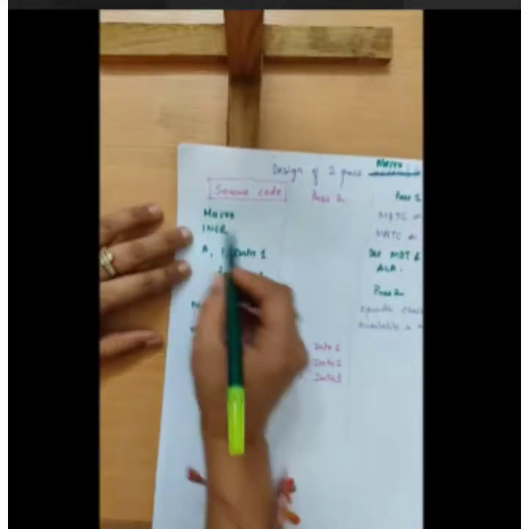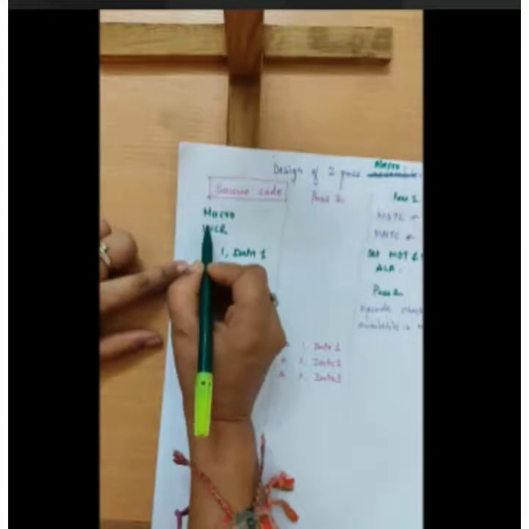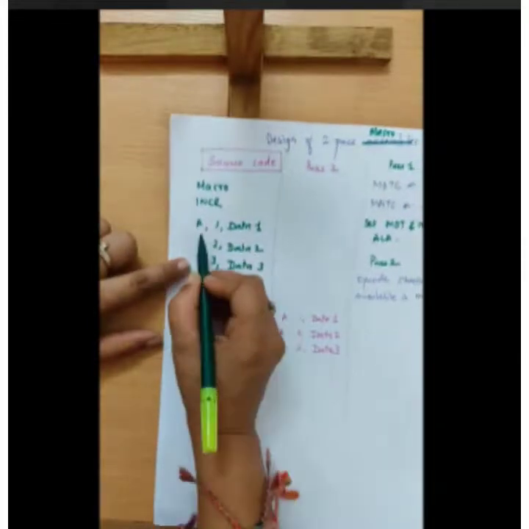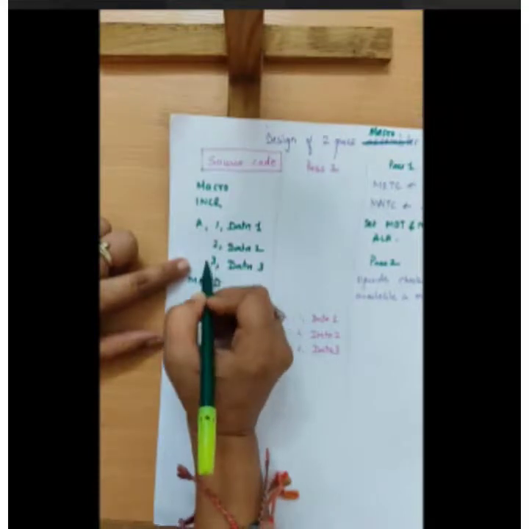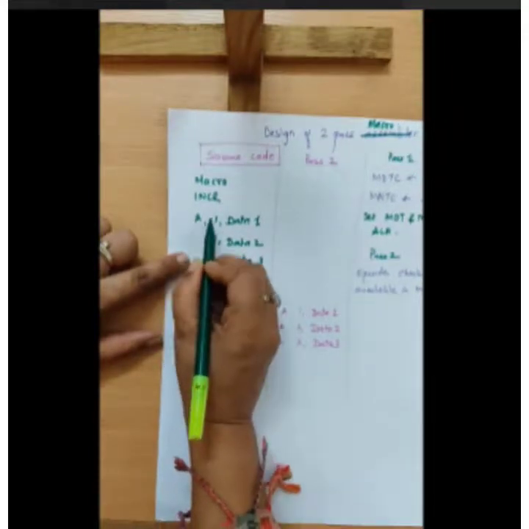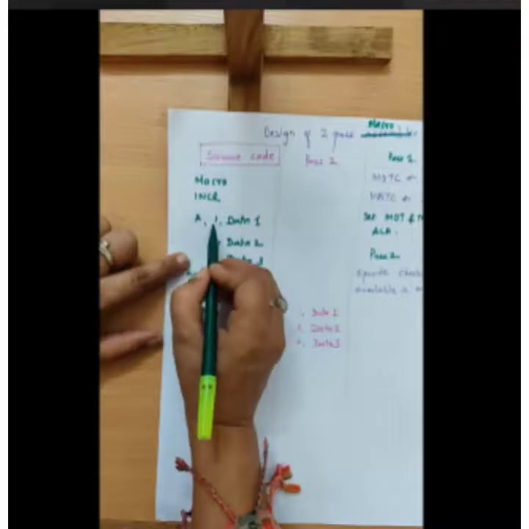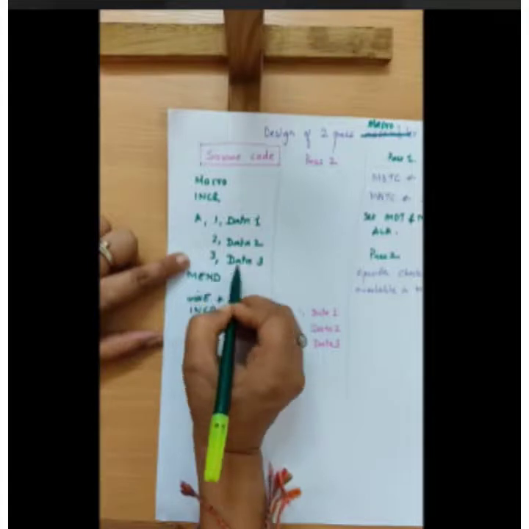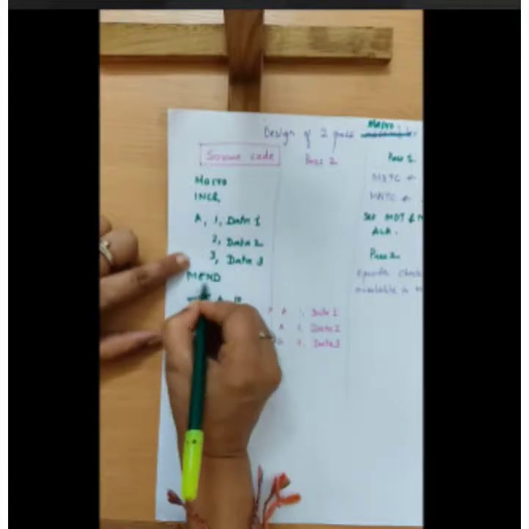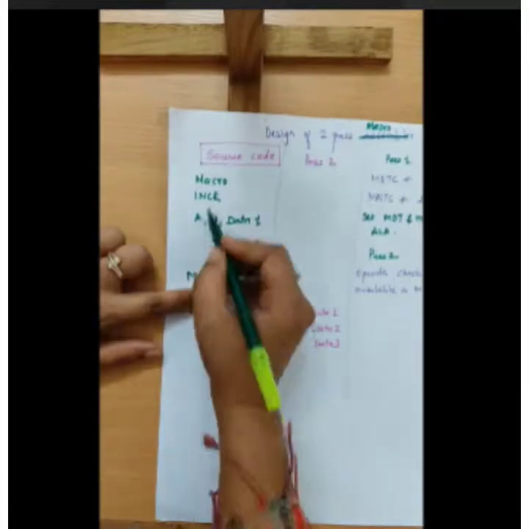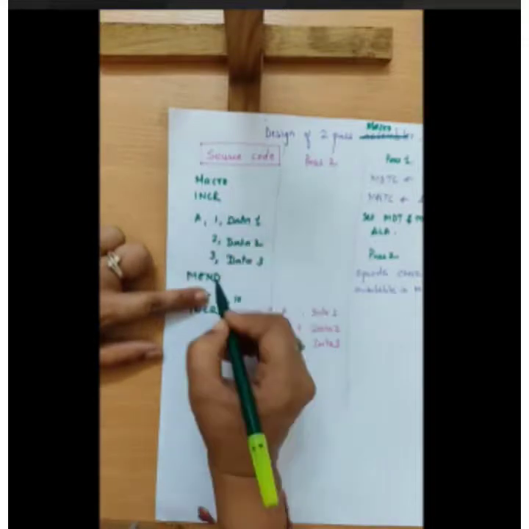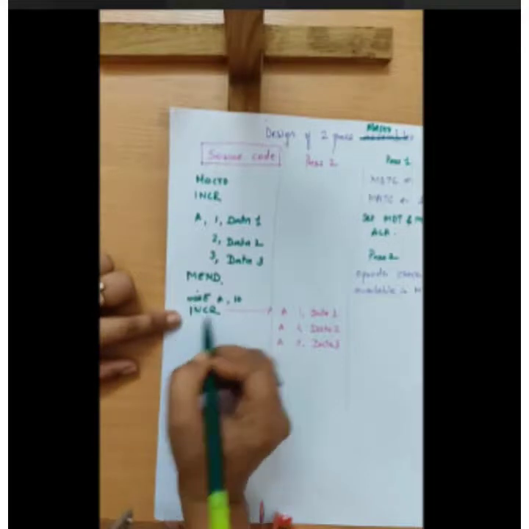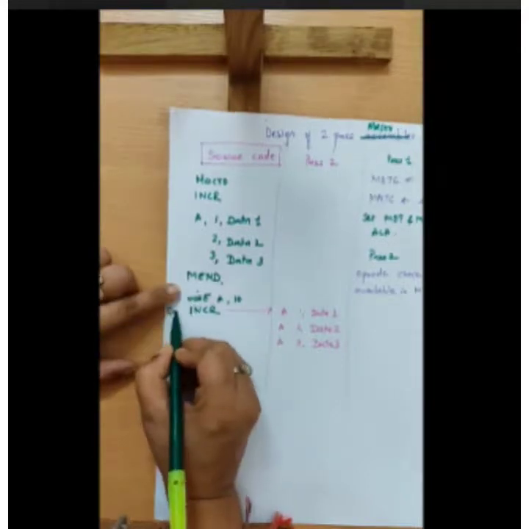The first line is MACRO, then we have INCR, then we have a simple source code where we have A comma 1 comma DATA1, 2 comma DATA2, 3 comma DATA3, and then we end. So this is where our macro definition ends.